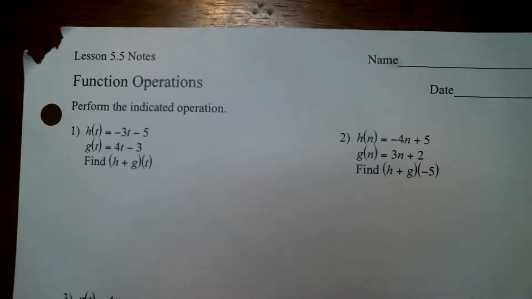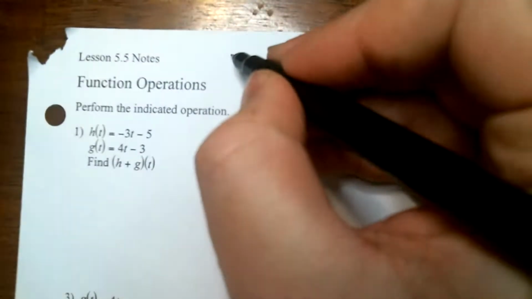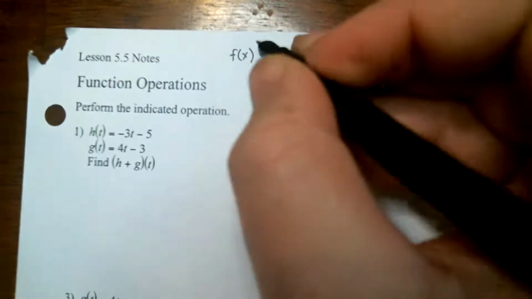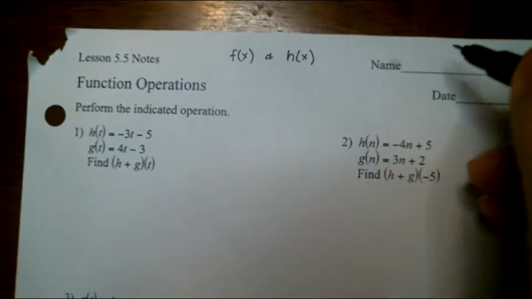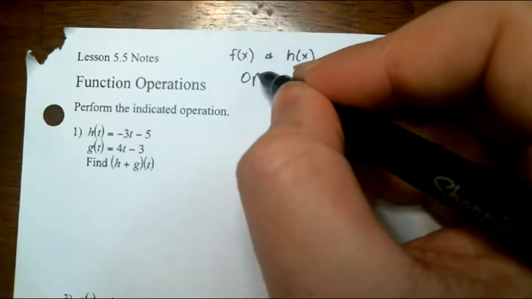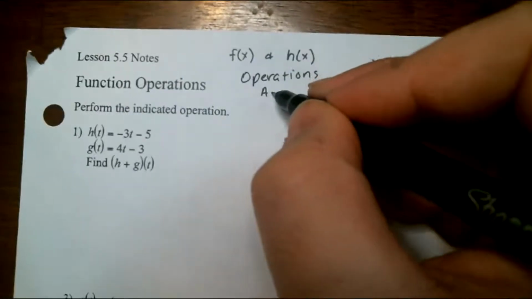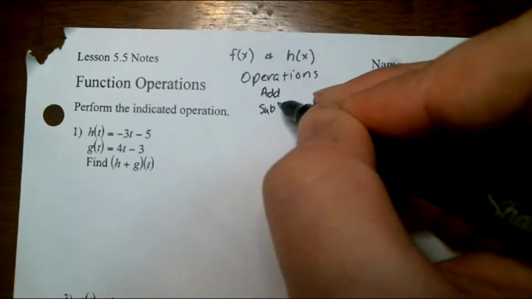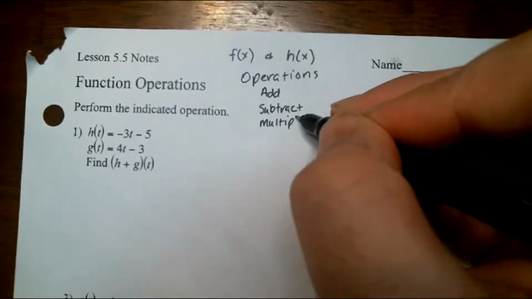So what lesson 5.5 is over is function operations. When we have two functions, for instance, like f of x and h of x, these are two different functions. And what we're doing with these two are operations, such as adding, subtracting, multiplying, and dividing.